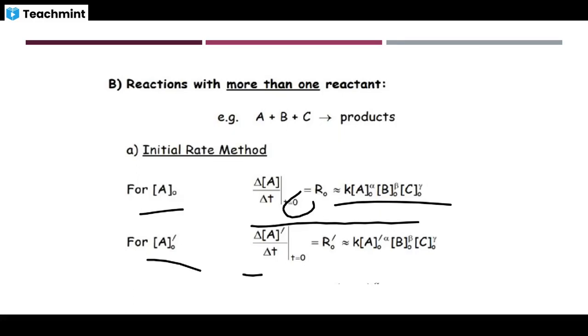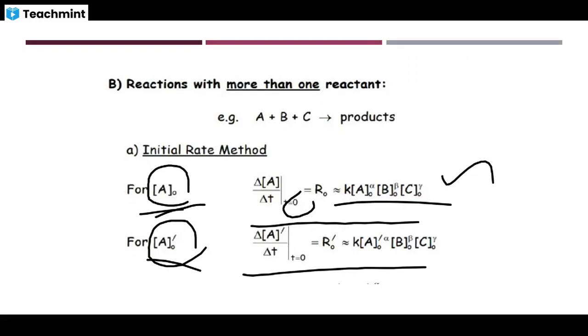First you take an A concentration and measure the initial rate, then change the concentration of A only, and then measure the rate again.